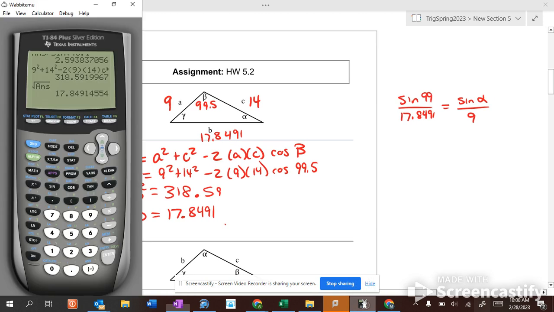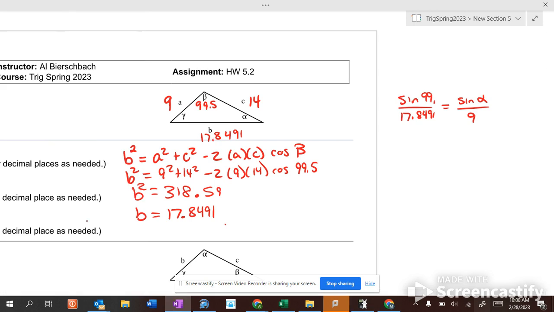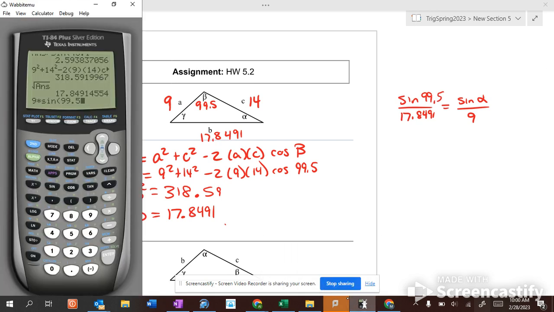Okay? So then I'd go 9 times the sine of 99.5 divided by 17.8491, and that's what the sine of alpha equals. So if I go second sine of my answer, I get my angle, 29.8.